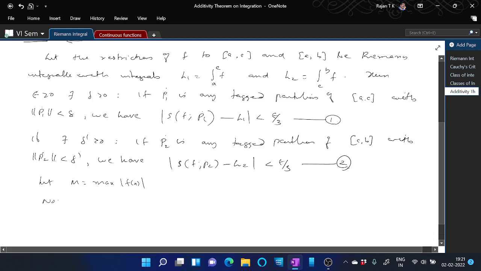Now define delta epsilon equal to the minimum of delta dash and epsilon divided by 6M.